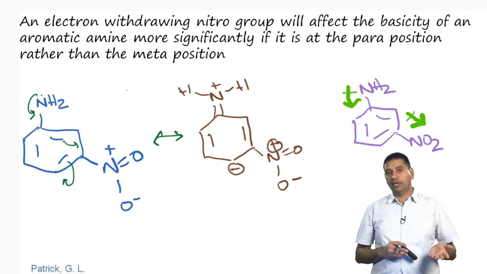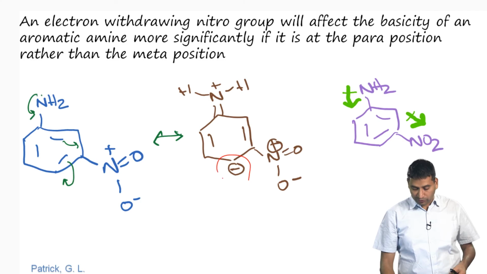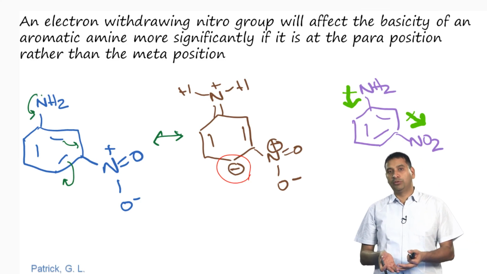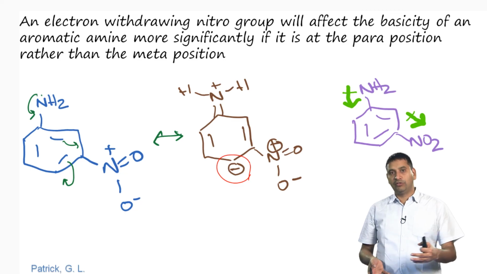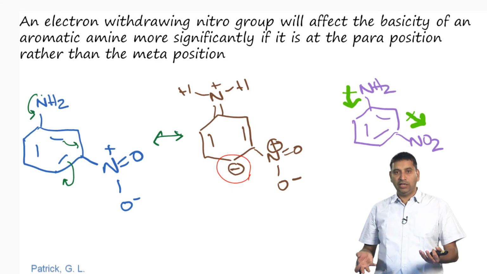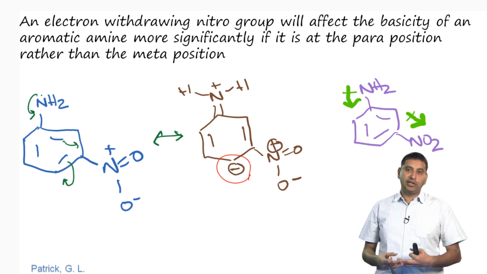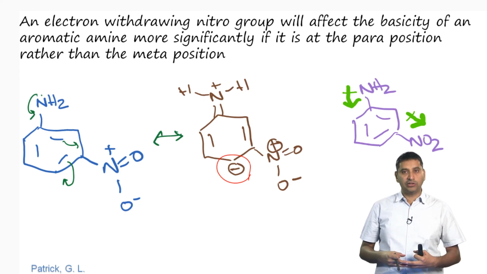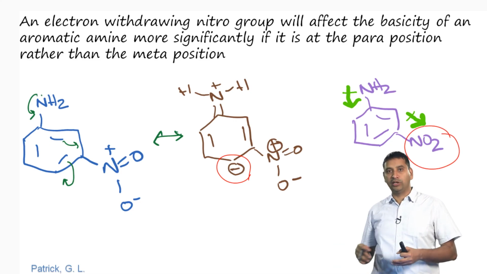Whereas, if you have it in the meta position, if you push electrons, you get a resonance form such as this, but this resonance form is not going to contribute very significantly because it has a full negative charge on the carbon, which is not very useful. So, the major effect by which this nitro group is going to act is through induction. It is going to be an electron withdrawing group, but it is going to act through induction.